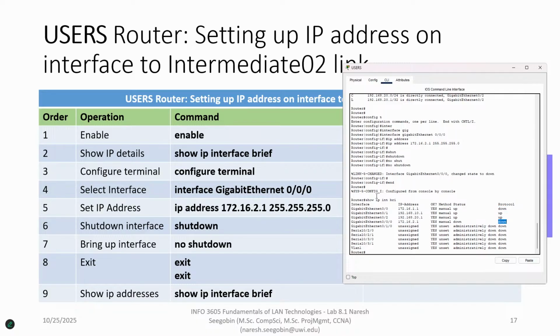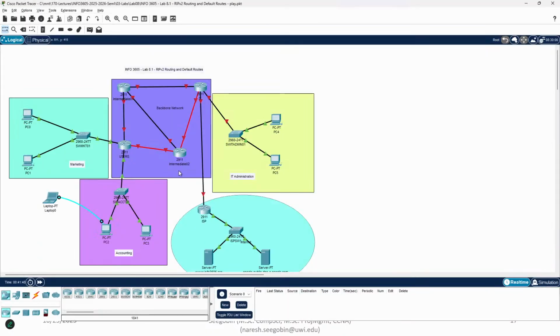And remember, we just did a shutdown, no shutdown. It's supposed to come up. So you ask yourself, why, what's going on here? Just to let you know, you'll notice a few things. One, the interface name is Gig 0/0/0, but that is not the thing. If you drill down into the router, let me get to the Packet Tracer. You'll notice the link is a different color.